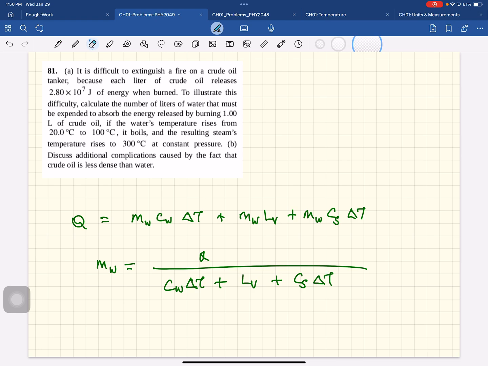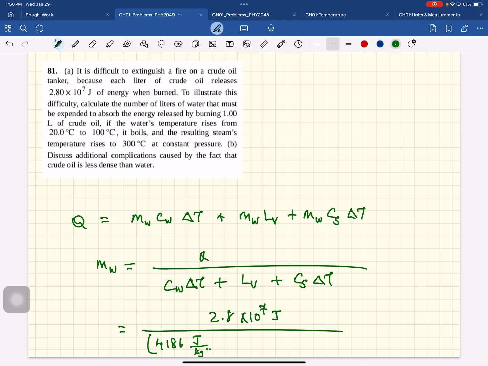Okay, so let's look up all those numbers. Q is 2.8 times 10 to the power 7 joules. We already know the specific heat of water, 4186 joules per kg per degree Celsius. You warmed up the water by 80 degrees Celsius.